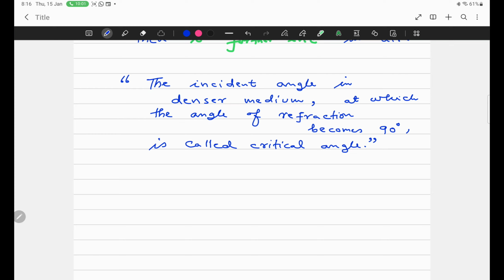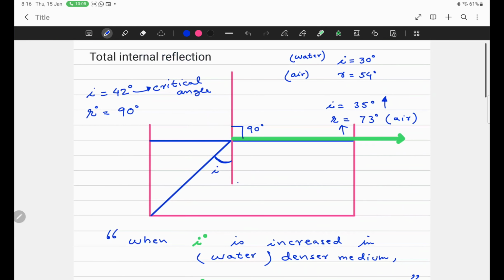So I am repeating, and Navia will explain to me. What did I say? Sir, in this example, the lamp is inside the water. When light is incident on the water surface, it is emerging out into the air.